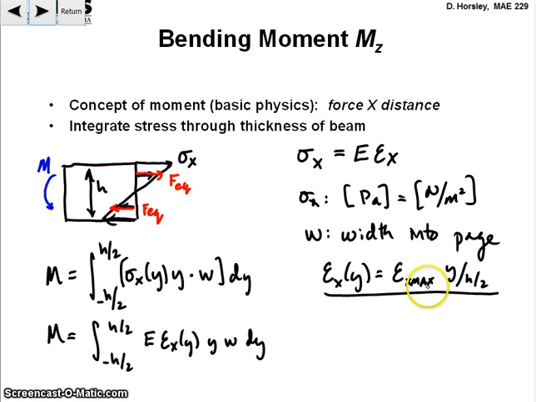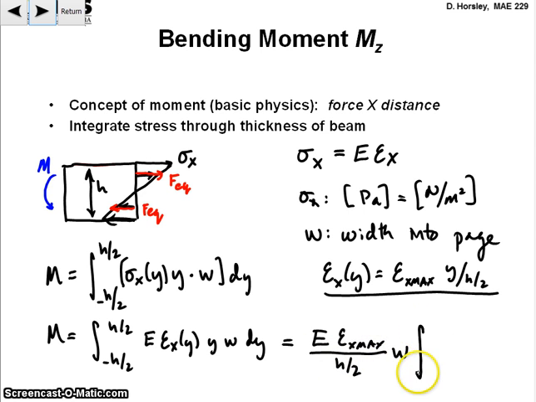And then I'm going to substitute in my expression for the strain, and start pulling variables out of the integration. We've got E, the Young's modulus, which doesn't depend on y. We have epsilon x max here, and we can pull out h over 2. Actually, we can pull out w too.